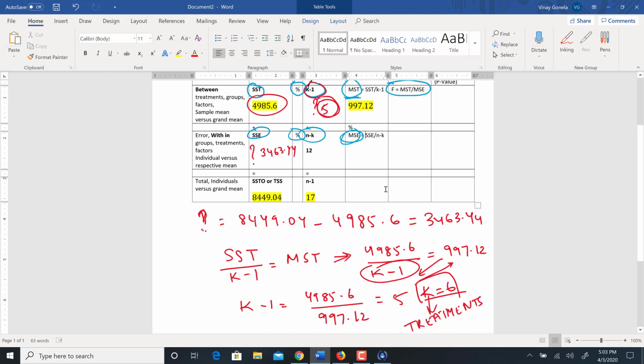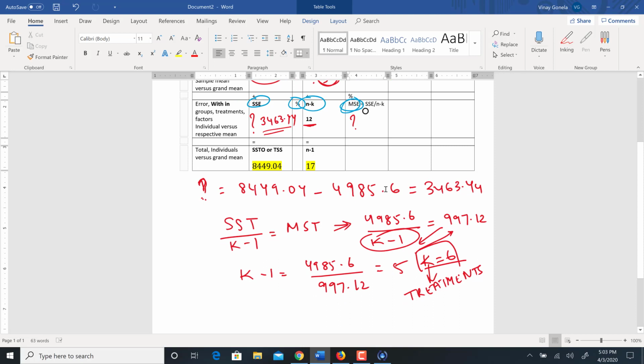What are they asking us, what is this? So you can do this divided by this, so that is 3463.44 divided by 12.